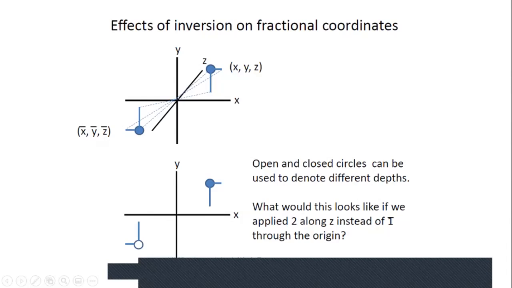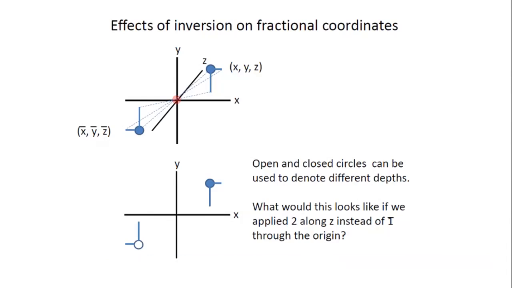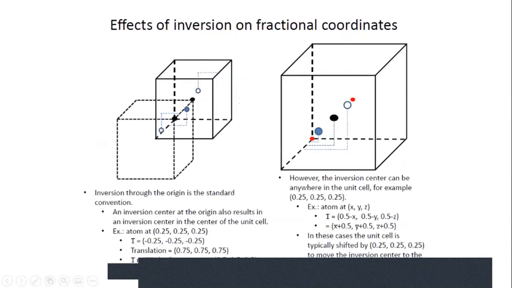And this one has an inversion center at the origin right here. So you go through the origin, you generate the inverted set of coordinates. And so you don't have to have it at the origin. You can have inversion centers off the origin.